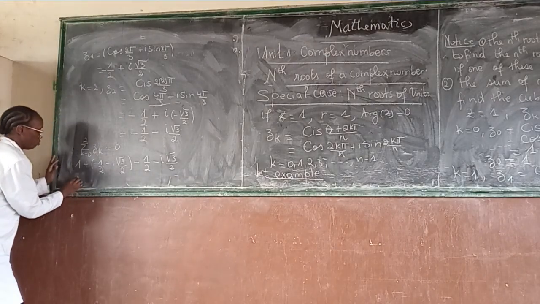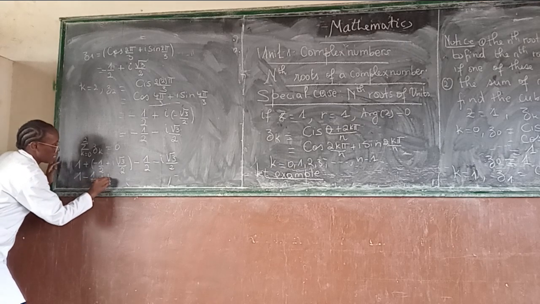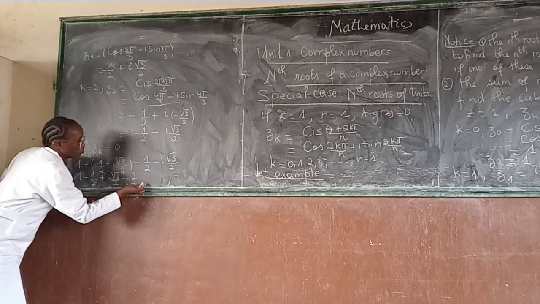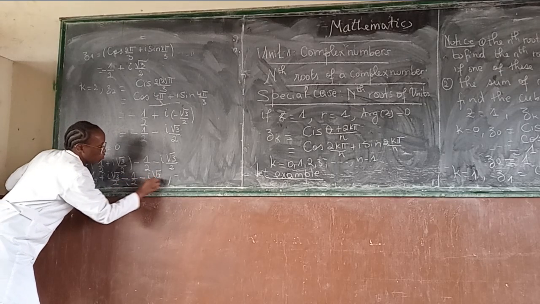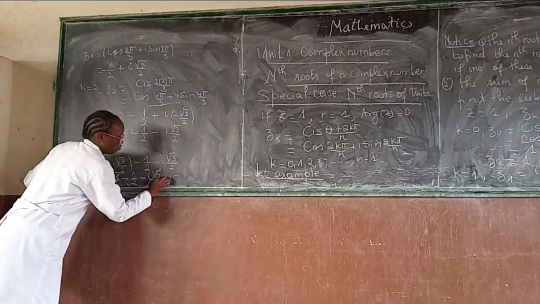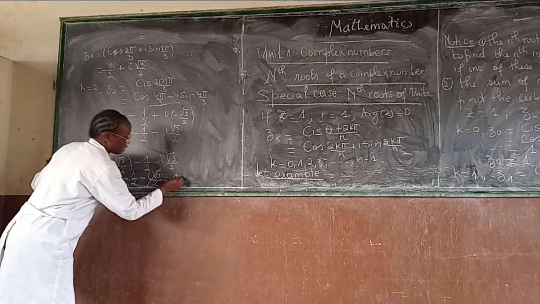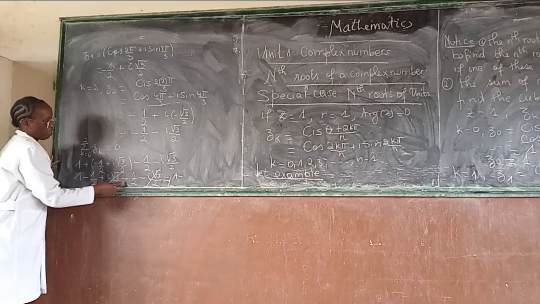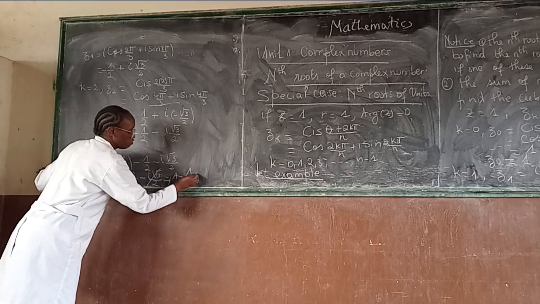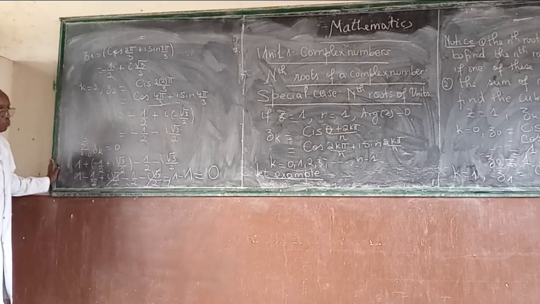So we have 1 minus 1 over 2 plus i square root of 3 over 2 minus 1 over 2 minus i square root of 3 over 2. The imaginary parts cancel, and we stay with 1 minus 1 over 2 minus 1 over 2, which is minus 2 over 2, which is minus 1. So we have 1 minus 1, which is equal to 0.